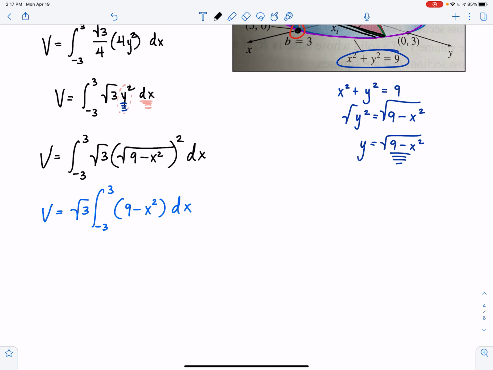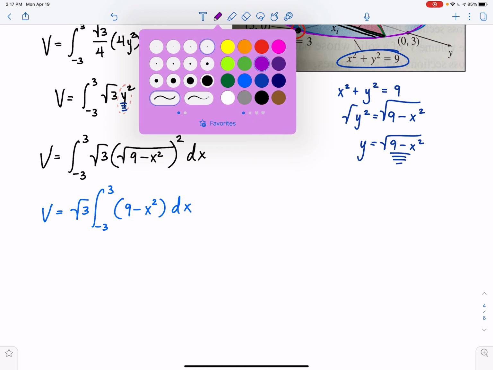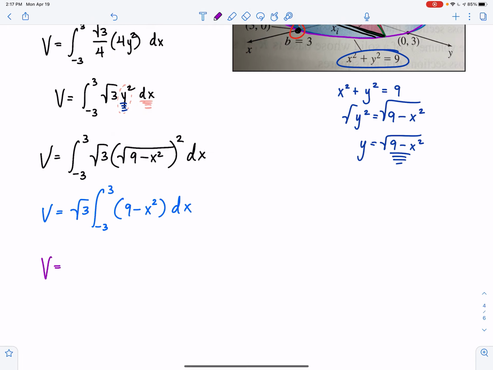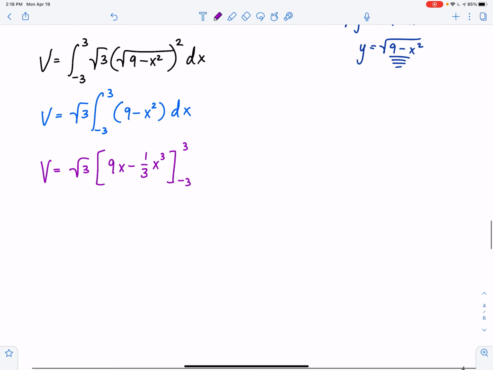So here we go. Our volume is equal to the square root of 3 times, let's see, the antiderivative of 9 is 9x minus 1/3 x to the third, from negative 3 to 3. All right. Well, now we're in algebra mode. The calculus is finished. Here we go.